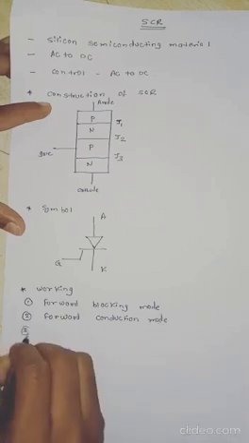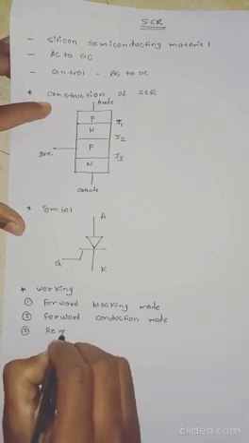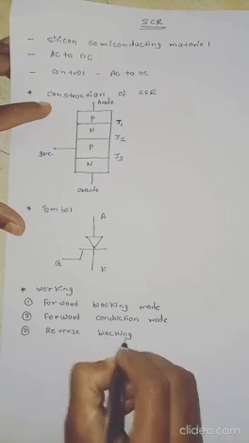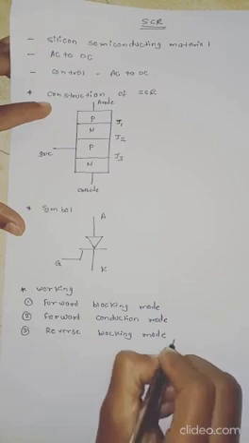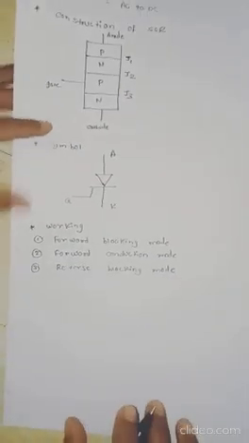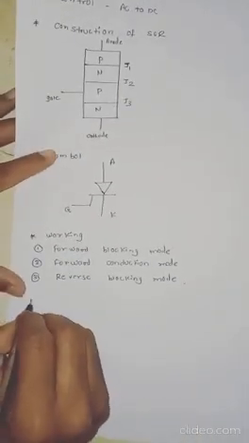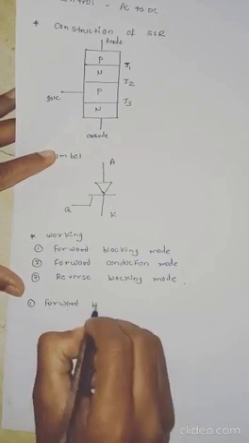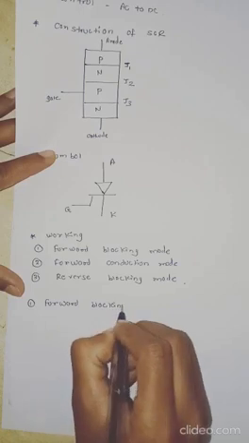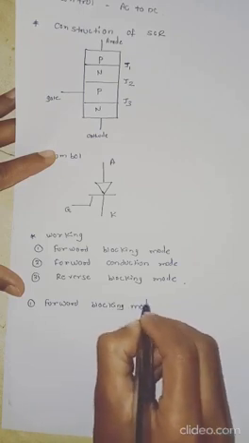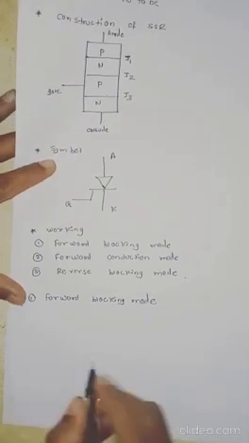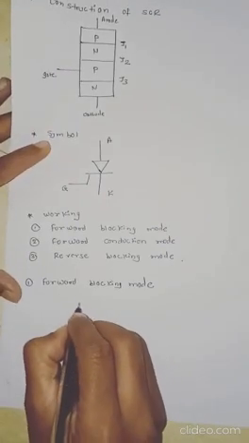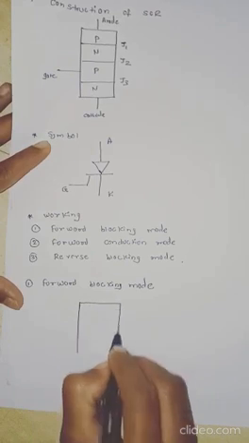And third is reverse blocking mode. First we'll see the forward blocking mode. Now let us understand the construction of forward blocking mode.